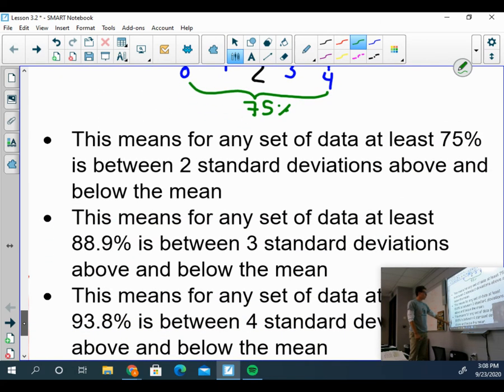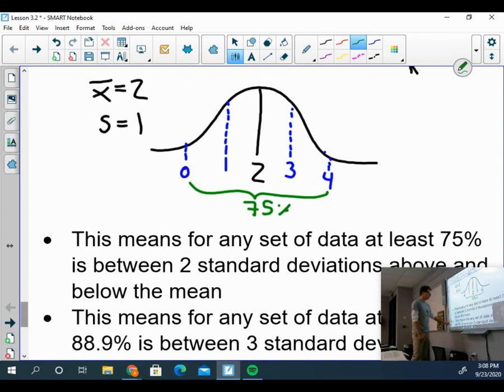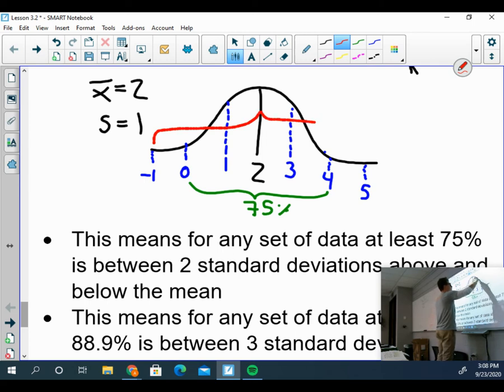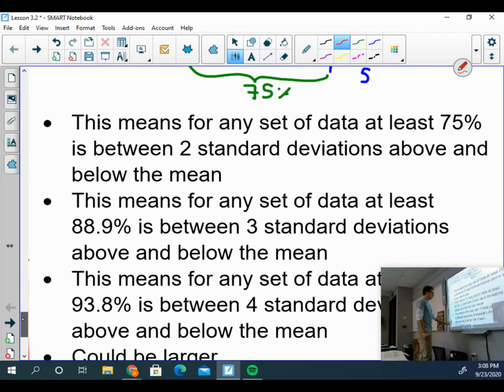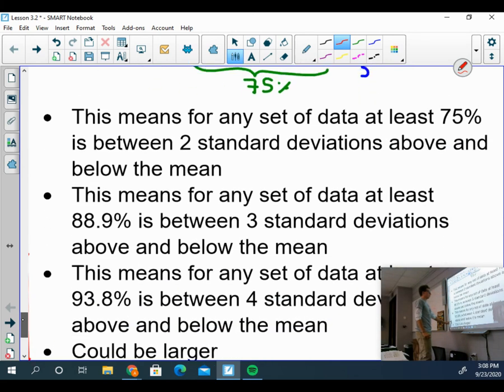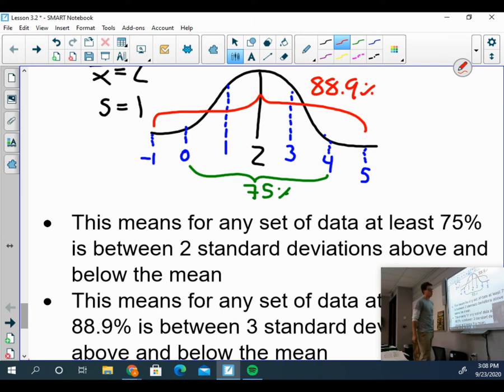If I would go 3 standard deviations away, so -1 and 5, 88.9% of my data will be at least between those values.